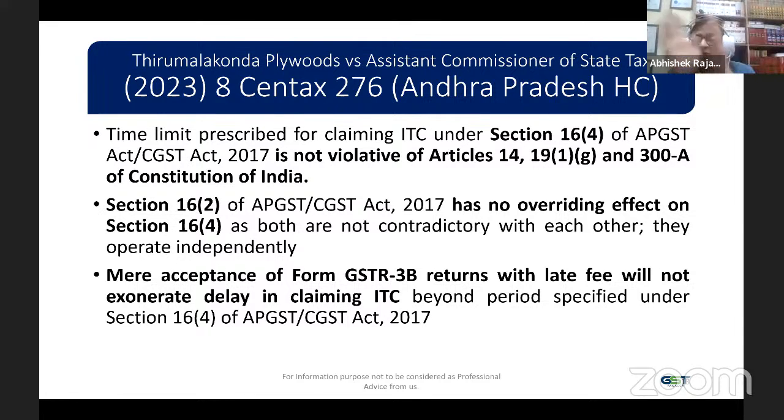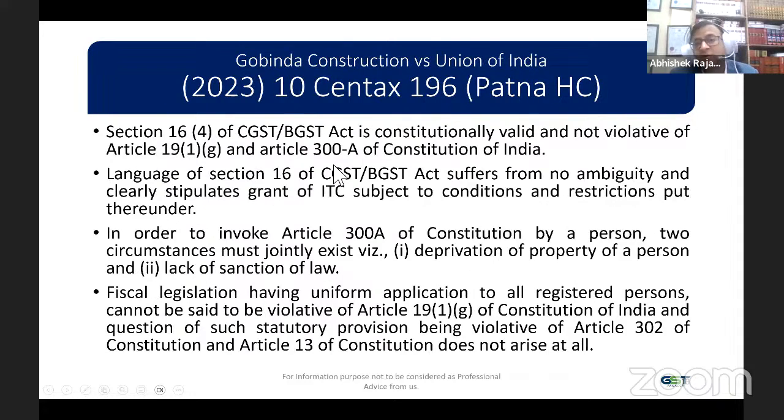See, interest is always compensatory in nature. Because I had delayed the payment, I am paying interest. That is compensatory in nature. But why am I paying late fees? To regularize the defect. And if they are saying, no, even after payment of late fees, your defect is not regularized, then I need to understand the law again.